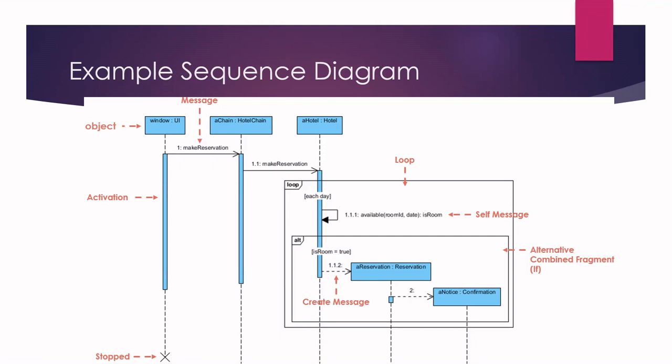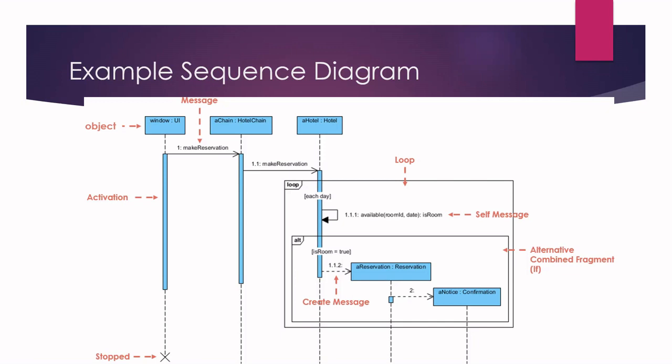Inside the make reservation of the hotel, you need to call a function called available that would check whether a room is available. So we see it starts to appear as a function when you are sending parameters here. They could be returned, but all the return arrows were omitted here just to reduce the clutter.